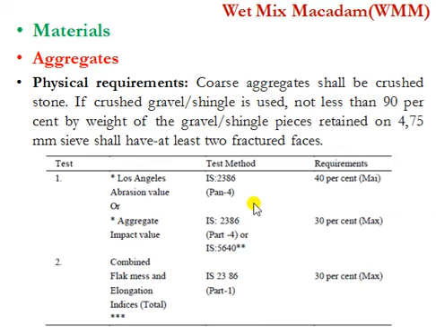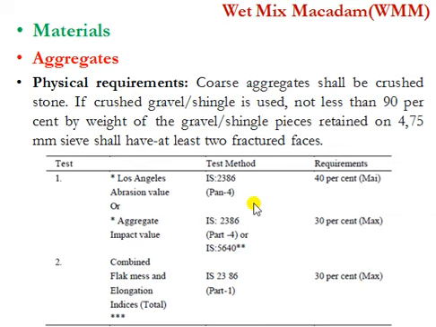Or if the abrasion value is not considered, we can check the impact value of the aggregates. The impact value of the coarse aggregates as per IS 2386 part 4 should be less than 30%, or a maximum of 30%.